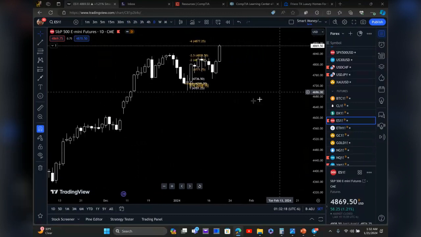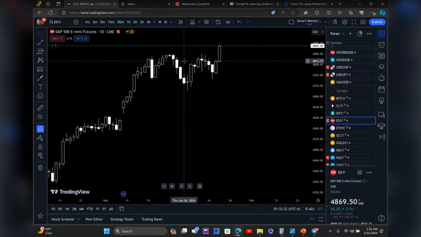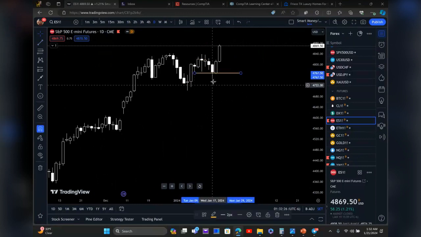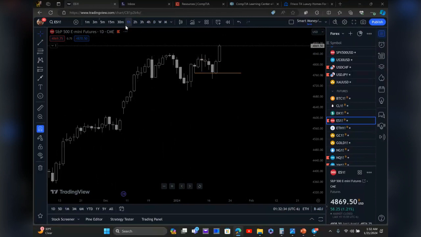All right. So for now, let's see something. Let's look a little bit over here at this liquidity grab. Because liquidity was grabbed right there. All right. And see, we broke structure here. 1 hour.